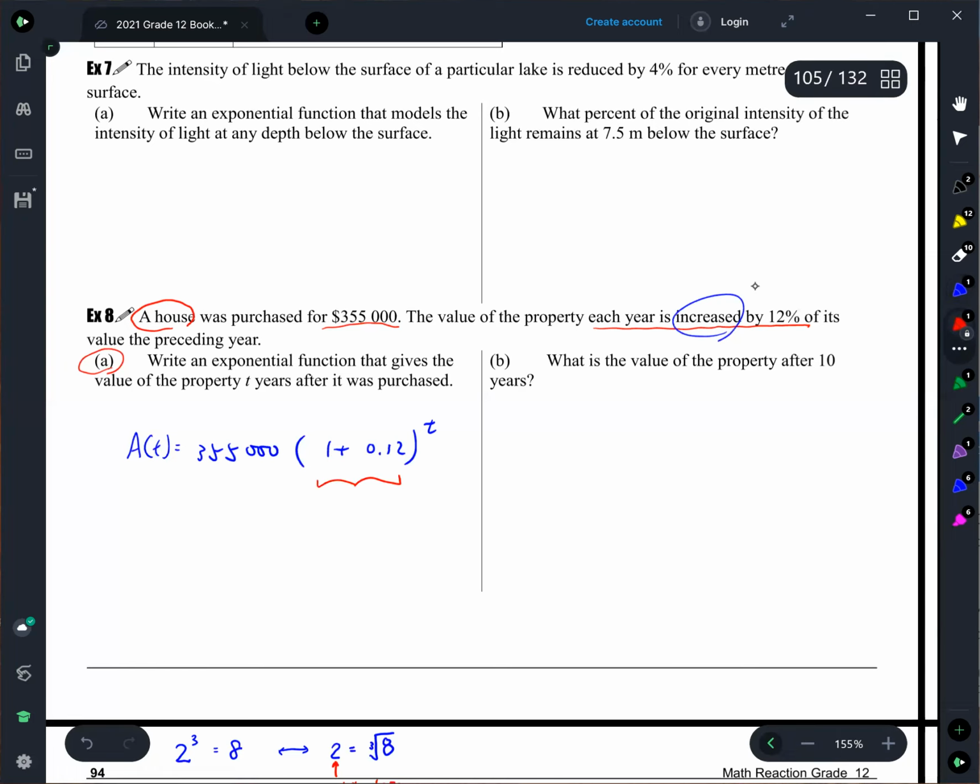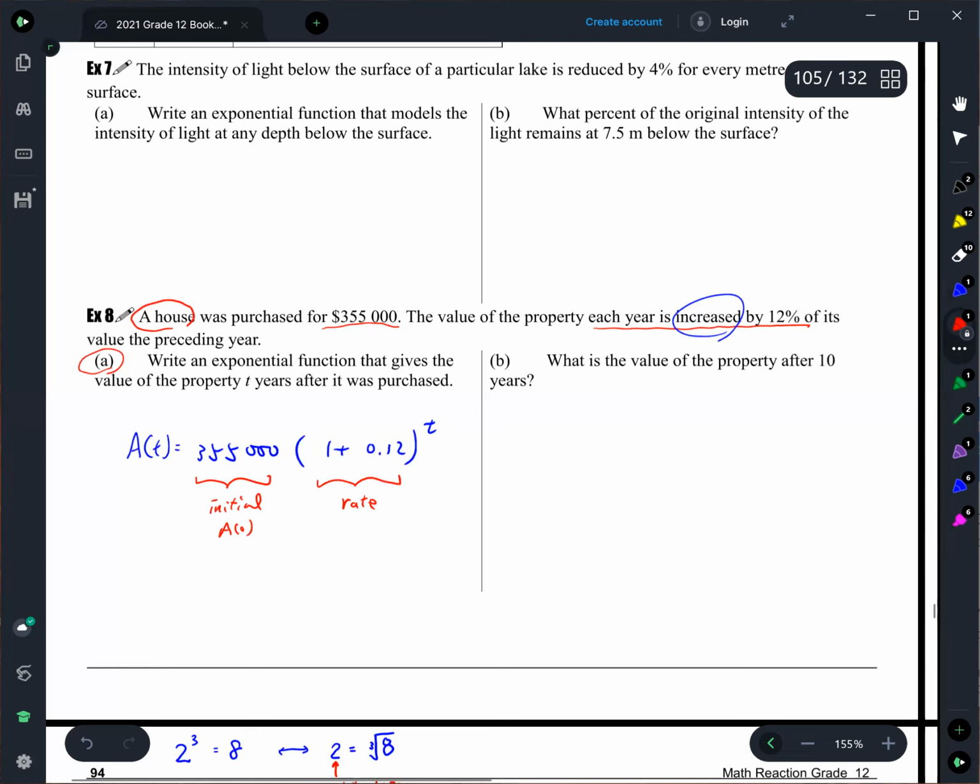Okay, so this is rate. And this one is how much you purchase with, right? So this is the initial, right? Initial amount, A0, okay?